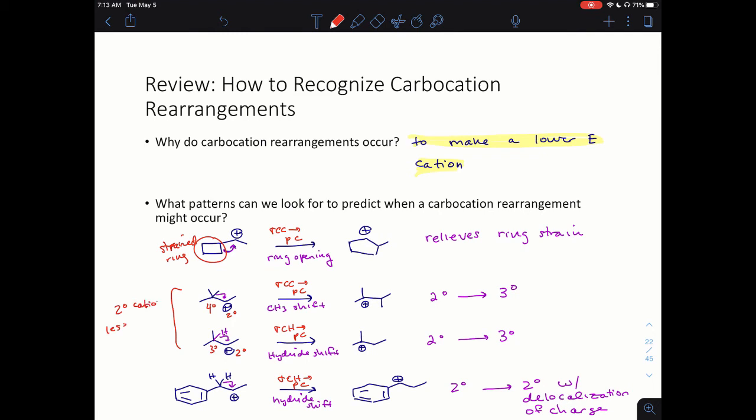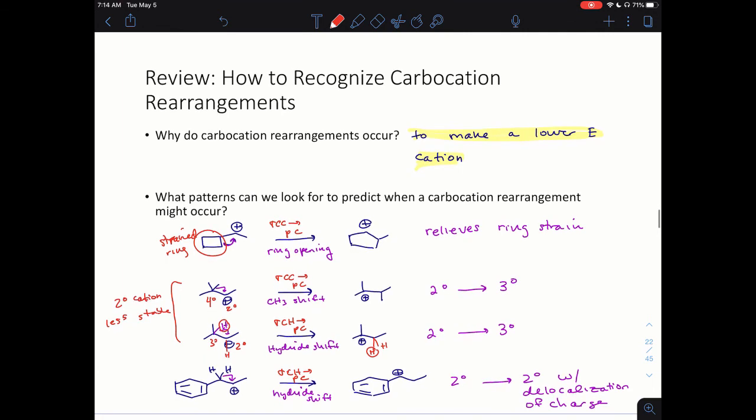And so they're more prone to rearrangement. So if you have a secondary cation adjacent to a quaternary carbon, you're going to have an alkyl shift. If you have a secondary cation adjacent to a tertiary carbon, you're going to have a hydride shift. And that hydride that moves ends up here. There was already one there. Okay, so that's the one that shifted. There was already one here.